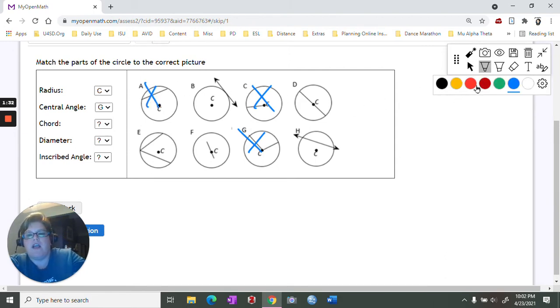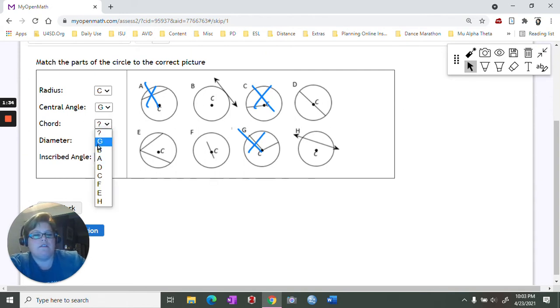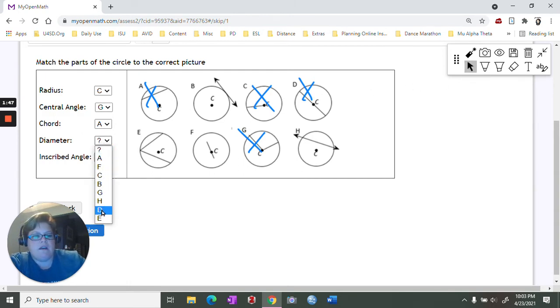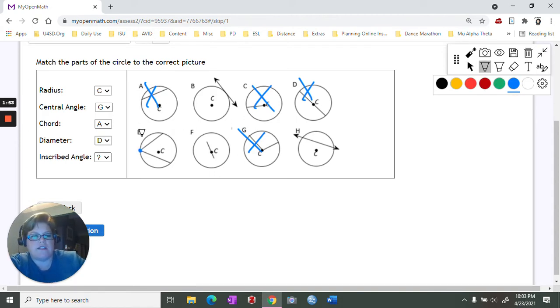That is figure A. Our diameter goes all the way through point to point going through the center. That is figure D. And then our inscribed angle, the vertex is on the circle itself. So that's figure E.